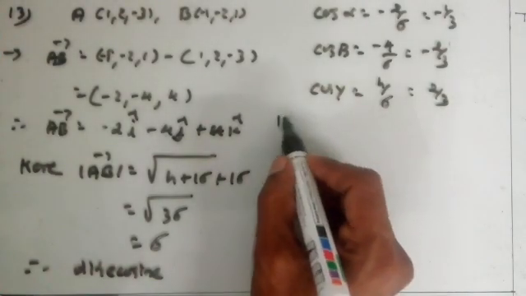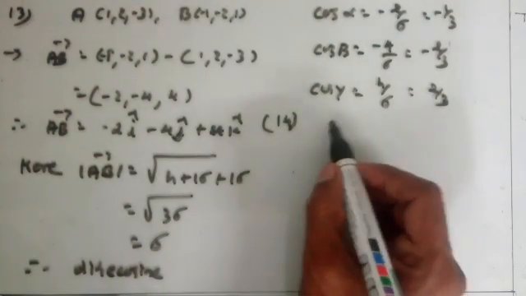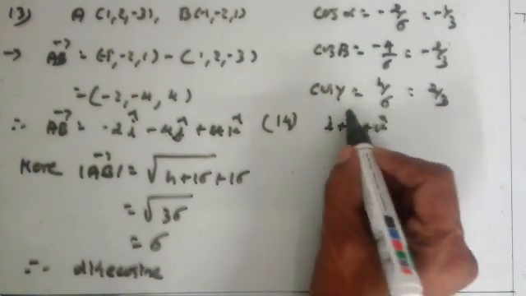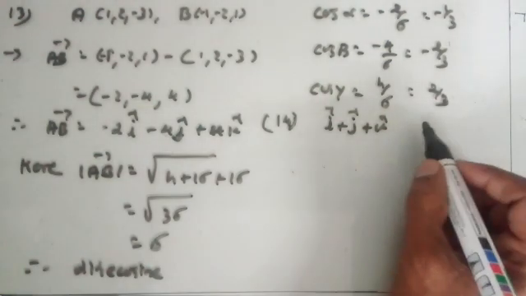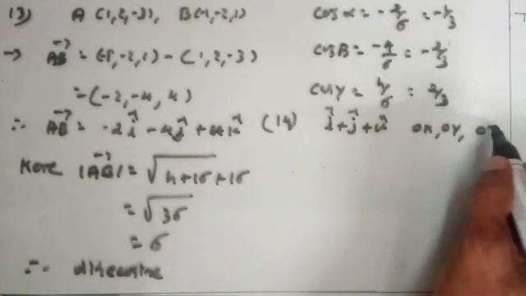Question number 14. Show that the vector i + j + k is equally inclined to the axes x, y, z.